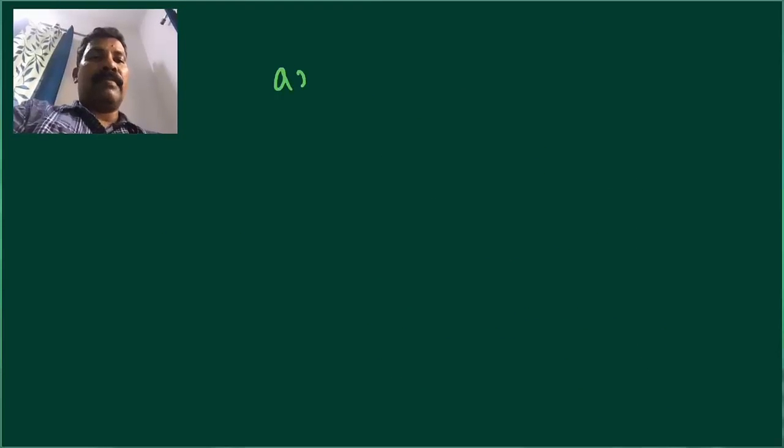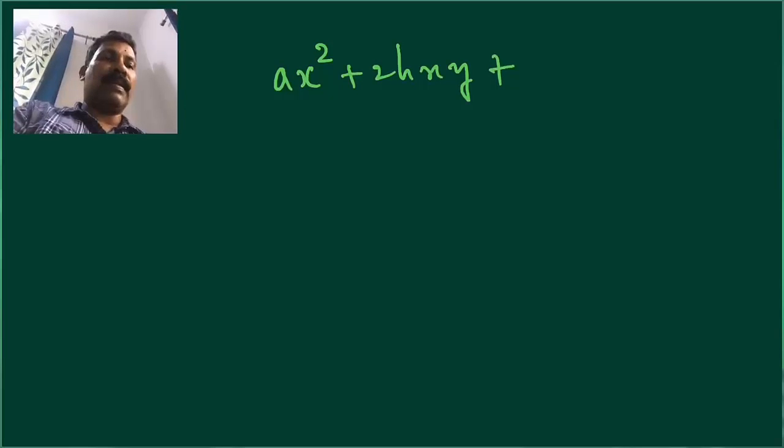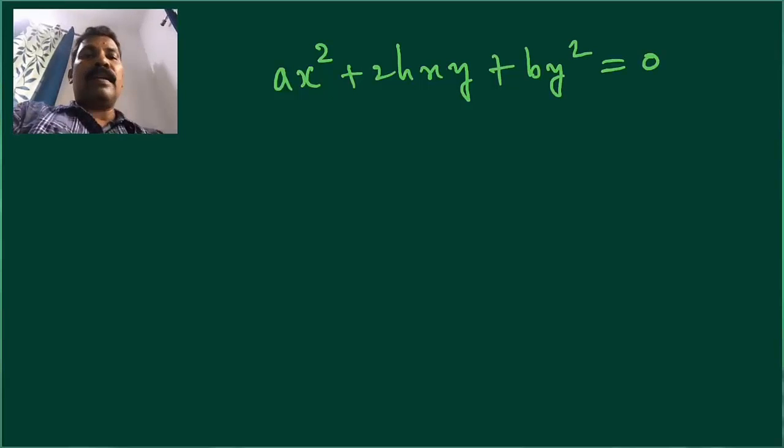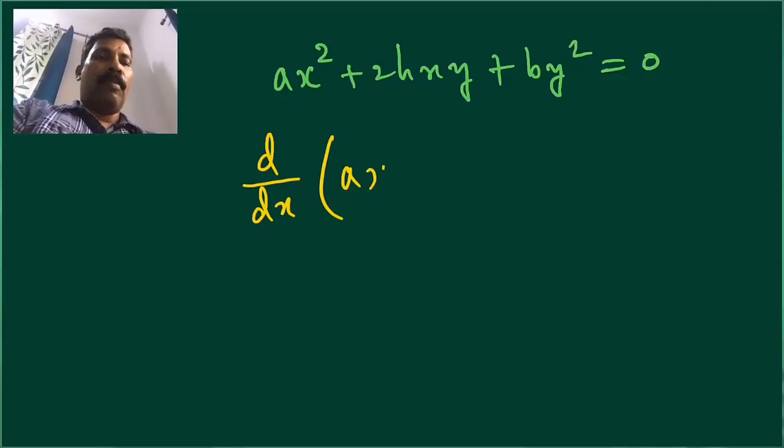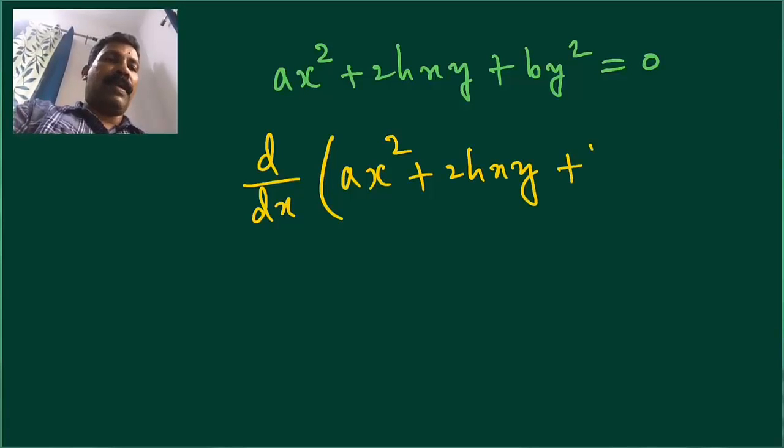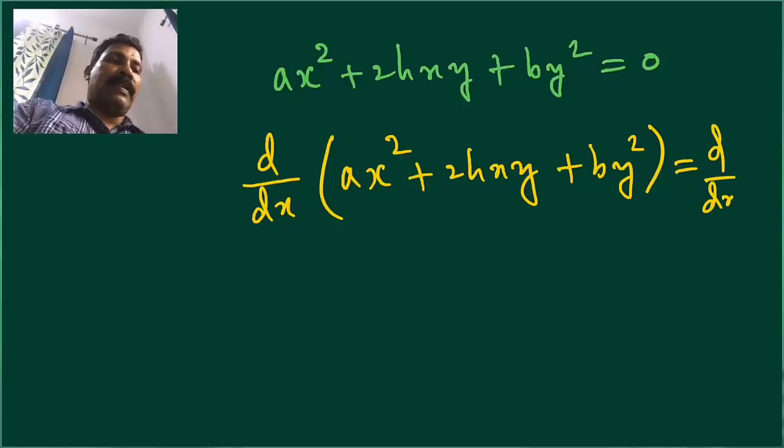Another example we can have, say ax square plus 2hxy plus by square is equal to 0. Again the mechanism is the same. We can operate the differential operator on both sides, that is d by dx of ax squared plus 2hxy plus by square is equal to d by dx of 0.